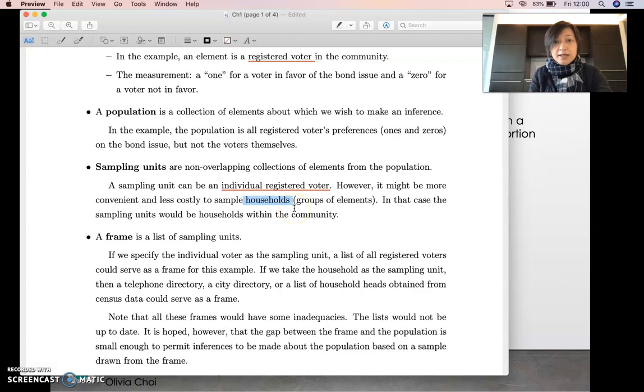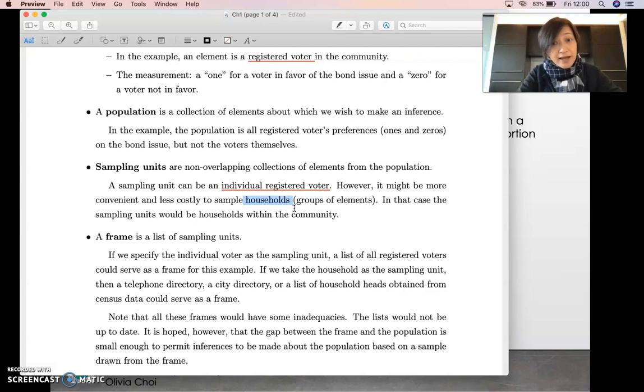If you can imagine another example, if we want to estimate the average household income, then we just collectively collect the data for the household income, like adding up the household members' incomes and dividing by the number of persons, right?